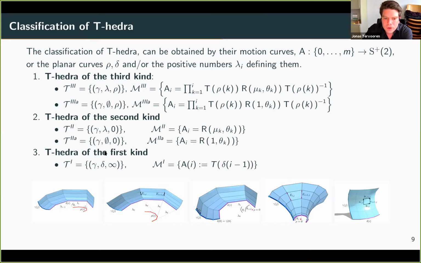The third kind is obtained when we think of the prism curve to be a point at infinity. Then we don't have any rotation, but just translations. And the surfaces that we obtain this way are translational surfaces whose quads are parallel.